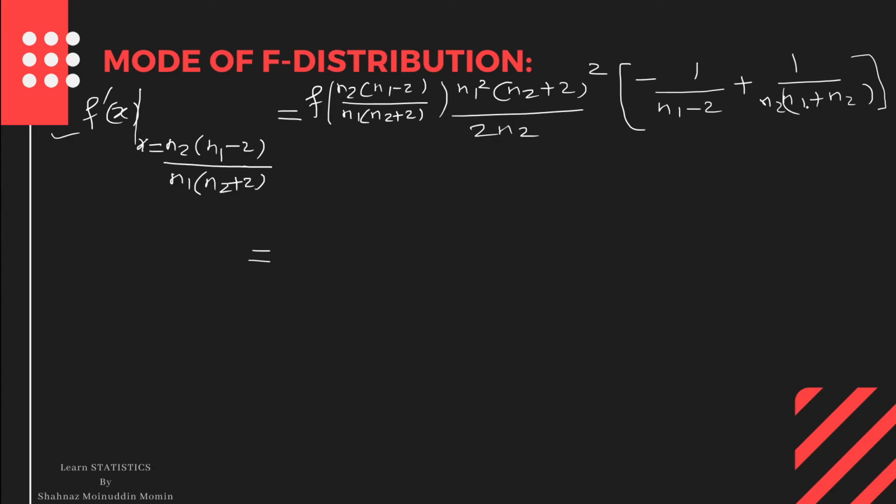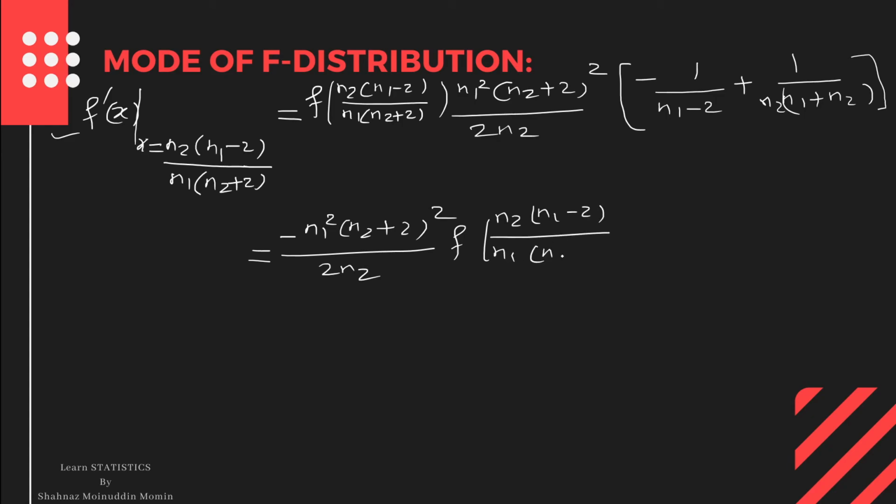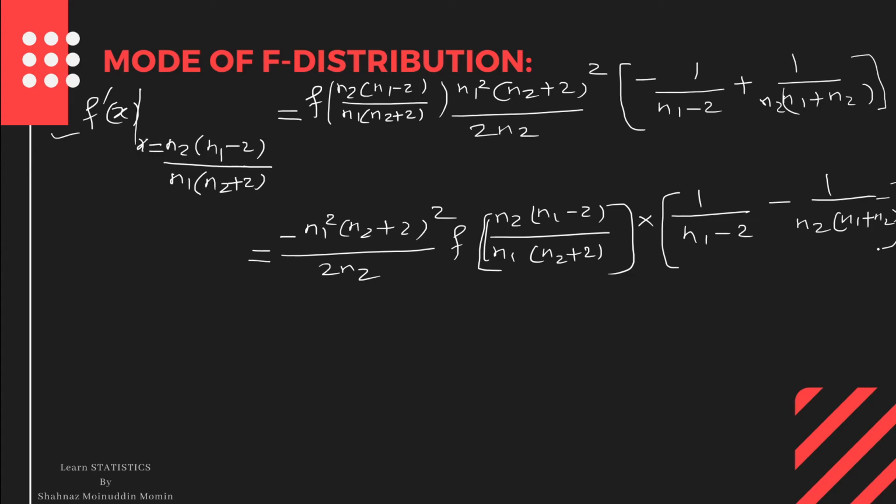Let us take, I will take minus sign from the bracket outside, so it is minus n1 square (n2 plus 2) whole square divided by twice n2 into f of n2 (n1 minus 2) upon n1 (n2 plus 2) into 1 upon (n1 minus 2) minus n2 into (n1 plus n2), which is equal to, all these terms are as it is.